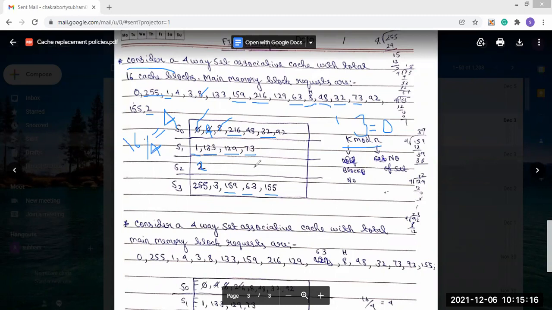And if it is mentioned that it is direct mapping, then what do we have to do? We have to check with K mod 4 which block should be available to which line. In that case, it will be replaced as a line. So you have to check that first, look at which technique is mentioned, and do the example like this.